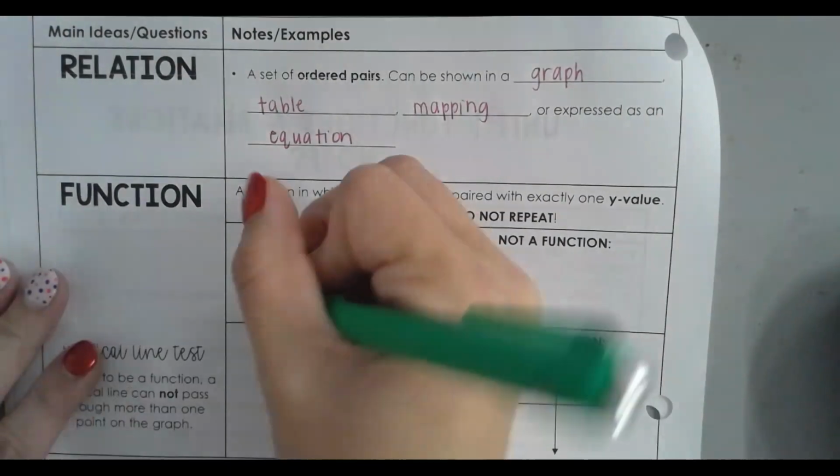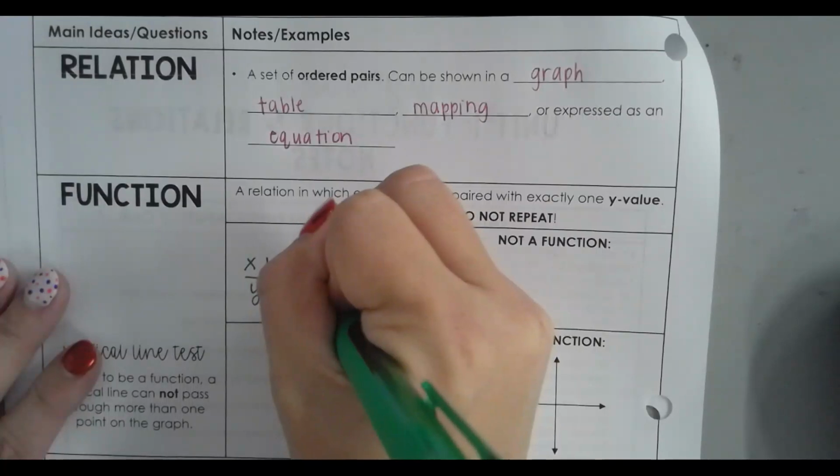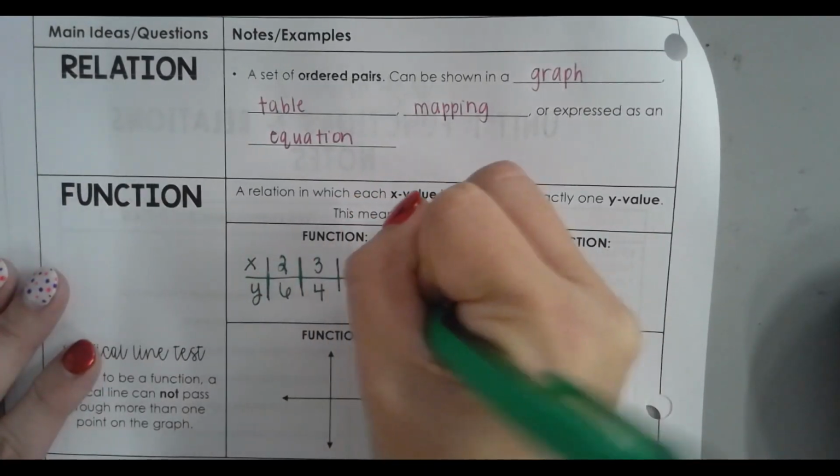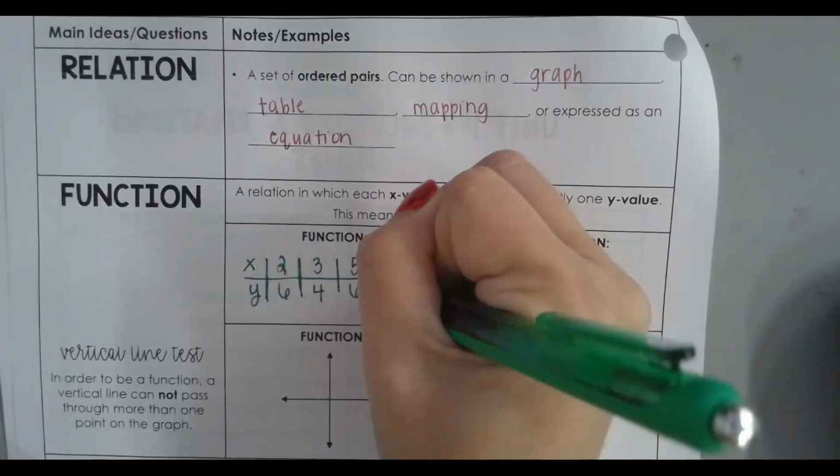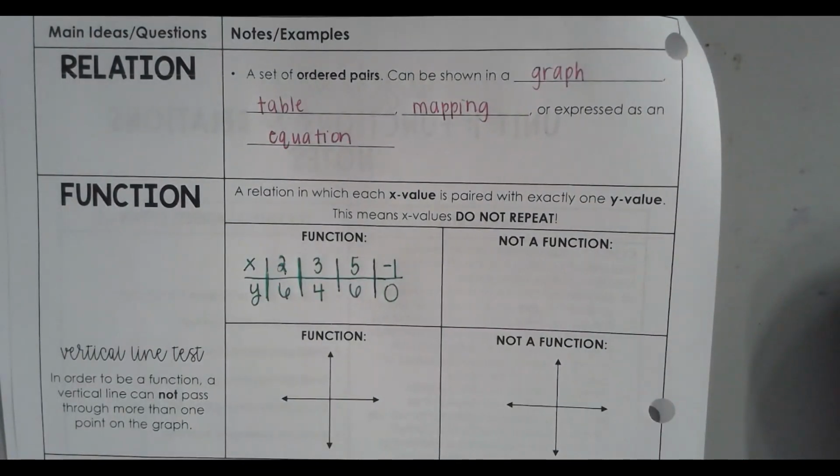Y values of 6, 4, 6, and 0. I have listed 4 different points there. I've listed the point 2, 6, the point 3, 4, 5, 6, and -1, 0.